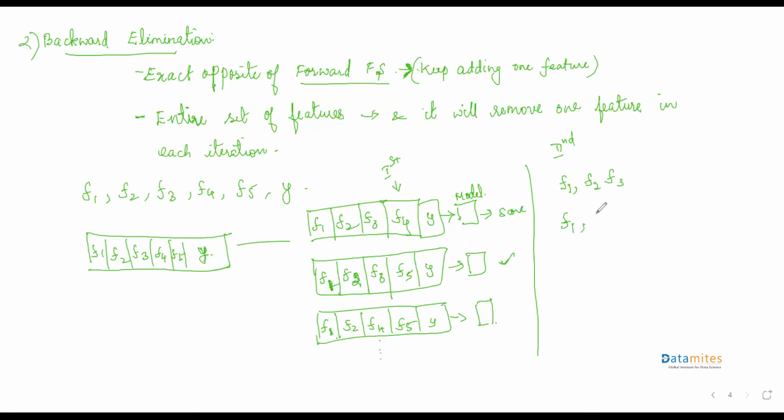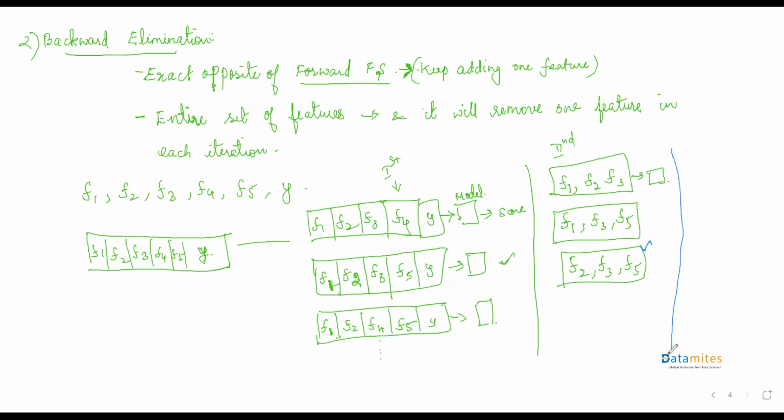Let's say F1, F3, and F5, F2, F3, and F5. So these are the possible combinations, right? It will try with these combinations and train the model. Let's say in this we are getting a good score. Then this combination will be taken for the next iteration.